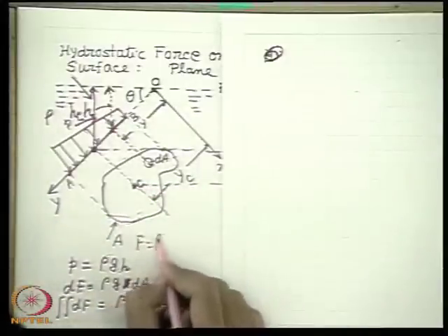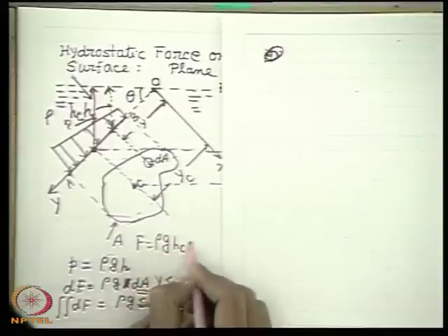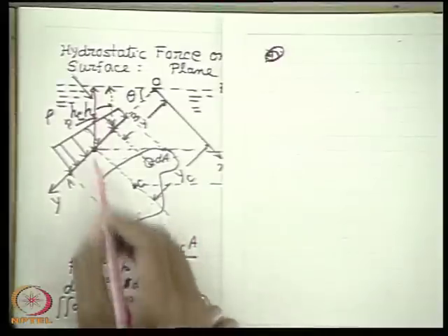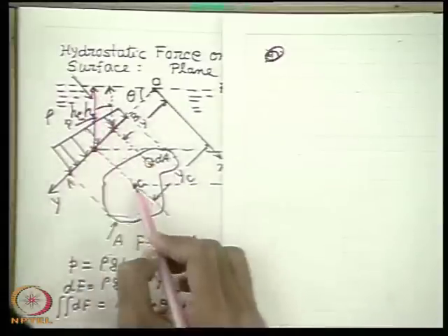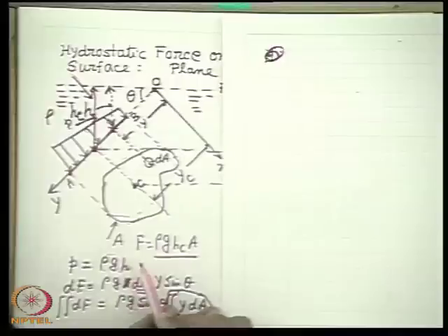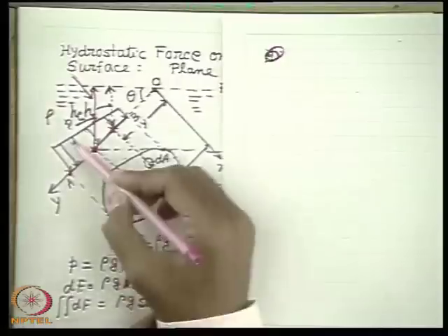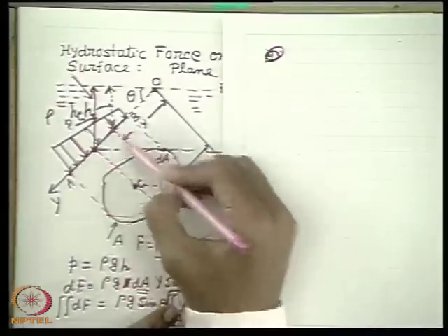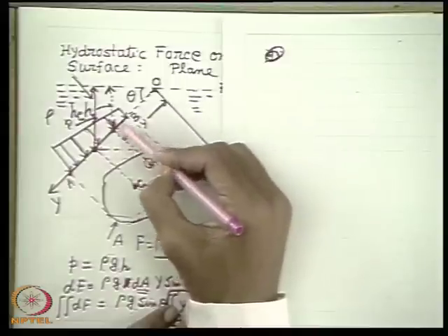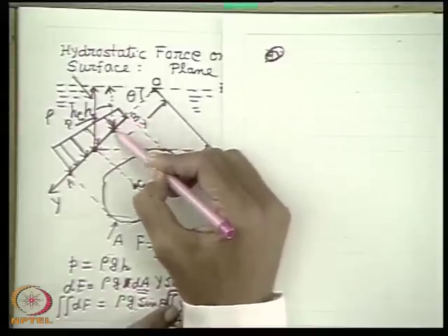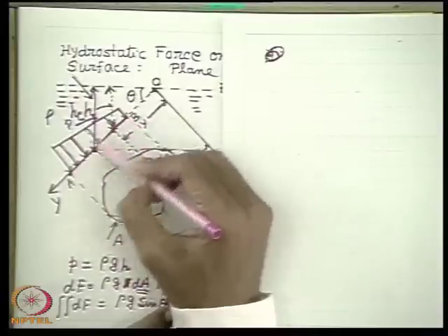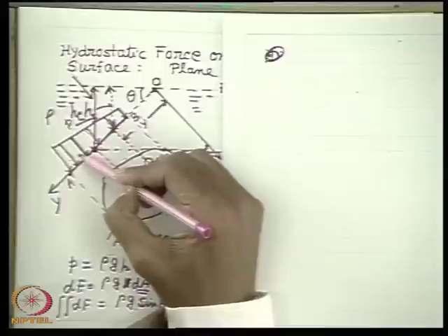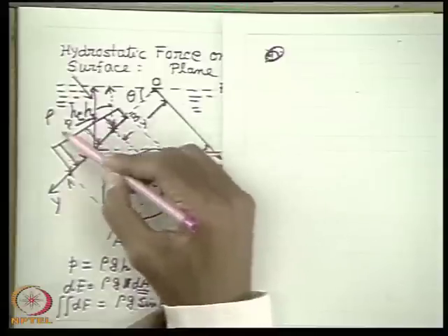That is equal to rho g hc into A. So if I know the value of hc, the depth of the centroid from the free surface, I can find out the total force. And the direction of the force is always known, that it is perpendicular, because for all elemental surfaces the pressure force is perpendicular to the surface. Since it is a plane surface, the perpendiculars at all points are parallel. So a scalar summation will do, and the direction will not change; the direction is perpendicular to the surface.